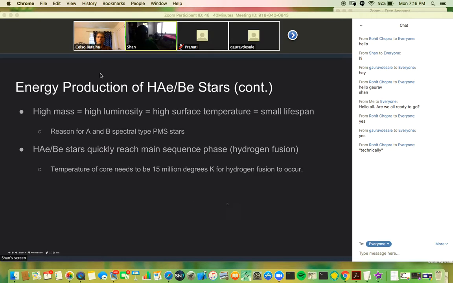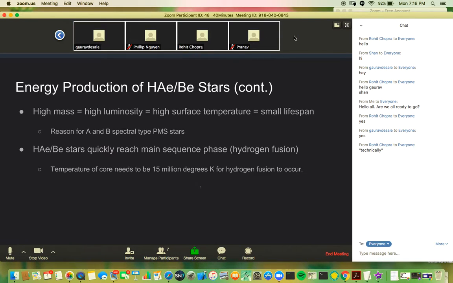But as you increase the temperature of the core, the velocity of each of these protons continues to increase. If you have enough temperature, then you have enough velocity that these two protons can collide with each other and overcome the electrostatic repulsion between them. And that's how you get hydrogen fusion, and that's when this AB star enters the main sequence stage.